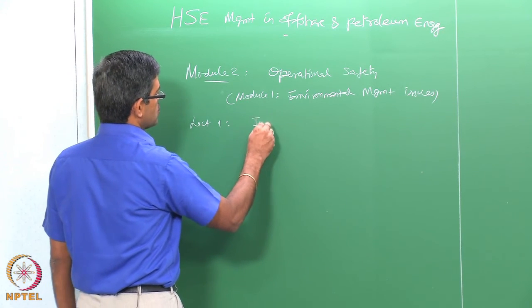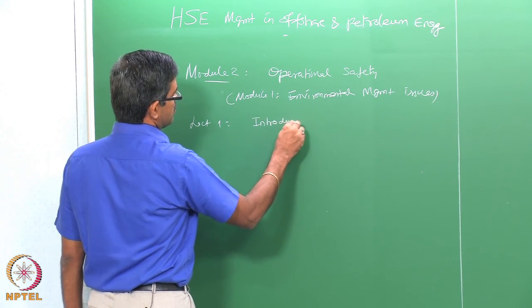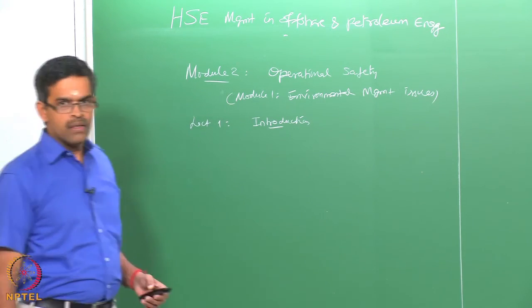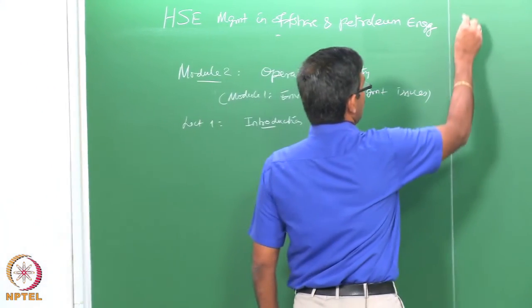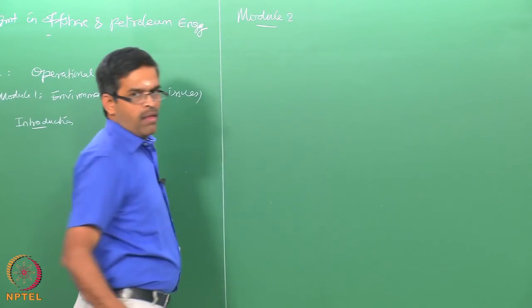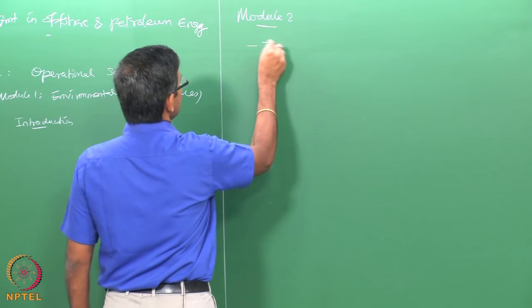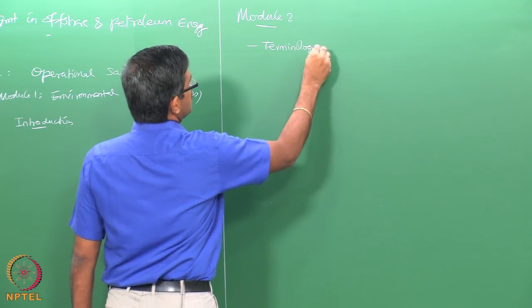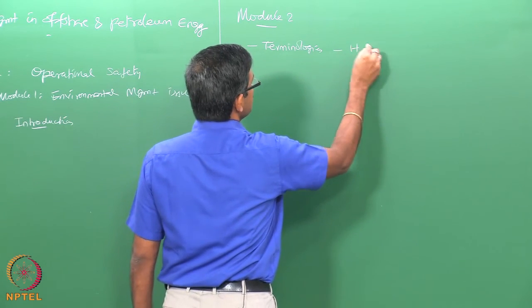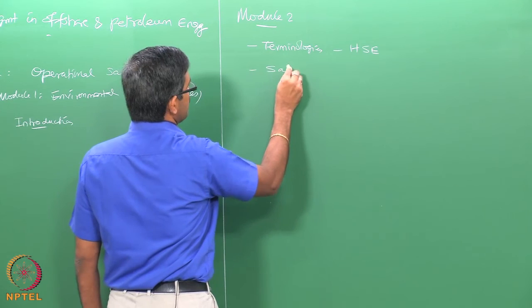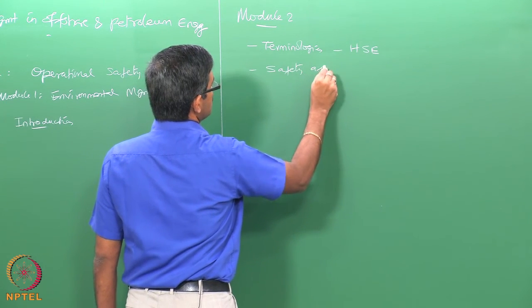We will introduce certain basic terminologies which are related to operational safety. In Module 2, we will talk about the scope. We will cover certain terminologies related to HSE. We will talk about safety assurance.